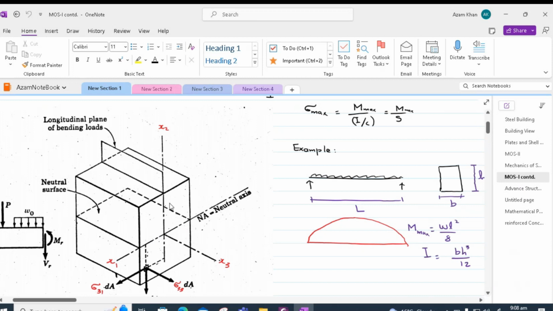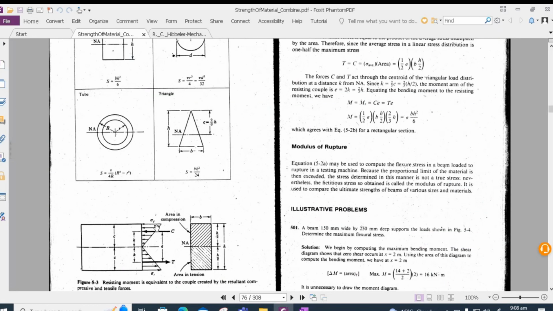So we would have a triangular distribution both above and below the neutral axis, but both regions would have opposite stresses. This triangular distribution will have a resultant located at some point within the top region of the beam. Similarly, the region below will have its resultant located in the bottom region.